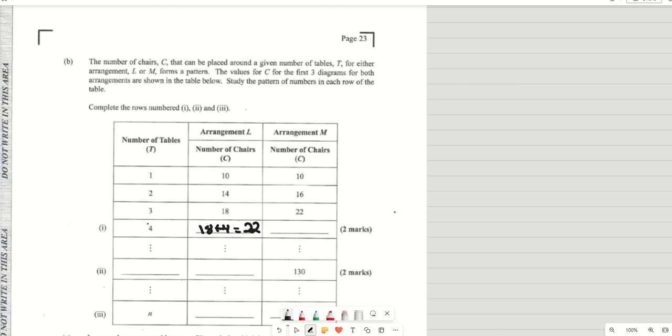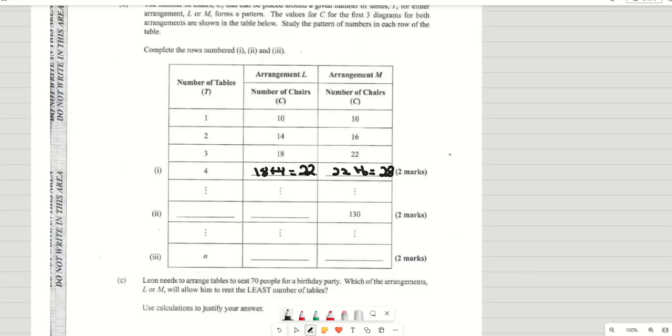If this was arrangement 14, then you would have to solve the question how we would normally do. This one, number of chairs, it's 10 to 16, so it's increasing by 6, and then 16 to 22, it's increasing by 6. So this one would have been 22 plus 6, which is equal to 28. And that would have been the answer for this one.